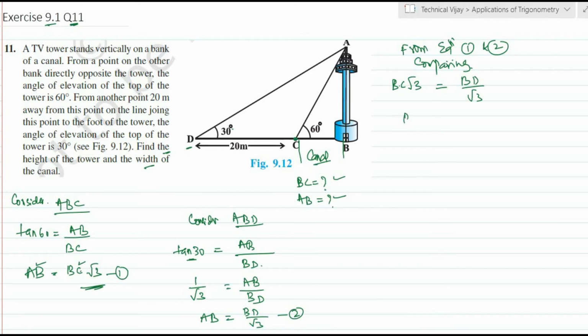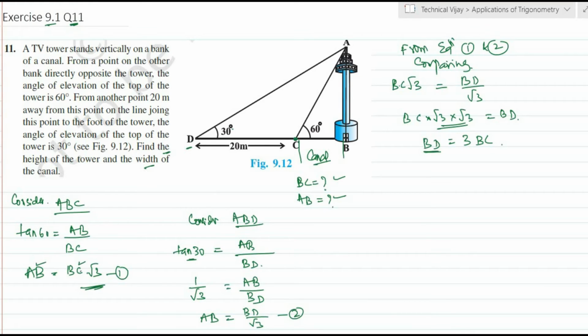So now BC into root 3 is equal to BD divided by root 3, so BC into root 3 into root 3, that is 3, gives BD is equal to 3 into BC. This we got.